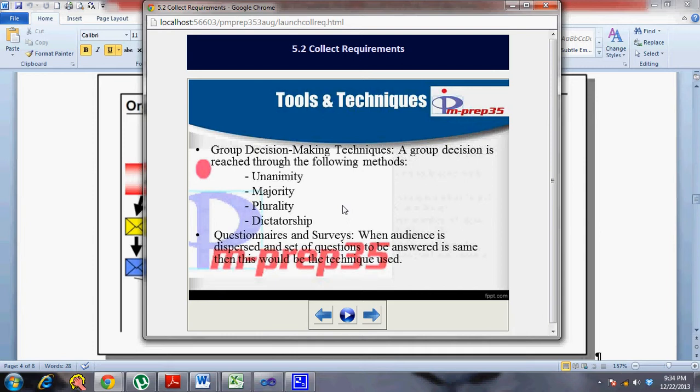Then you can use questionnaires and surveys, where it is properly written down what sort of questions you can ask the stakeholders, and based on the answers you include some of the requirements or features into your product, into your project. So questionnaires and surveys.